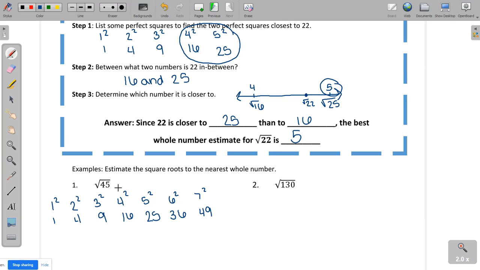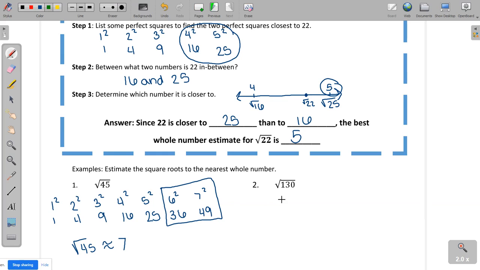So the square root of 45 is going to be in between these two. So is 45 closer to 36 or 49? It's closer to 49, so the square root of 45 is going to be an estimated value of 7. The squiggly equal sign just means that it is approximate.